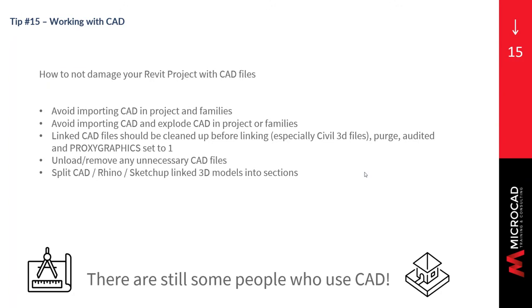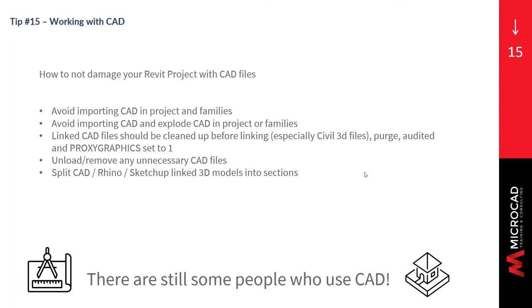And I know a lot of people also work with Rhino and SketchUp, and you link 3D models. So try to split them into sections. These couple of things will help you to solve these issues that can be caused to your project.